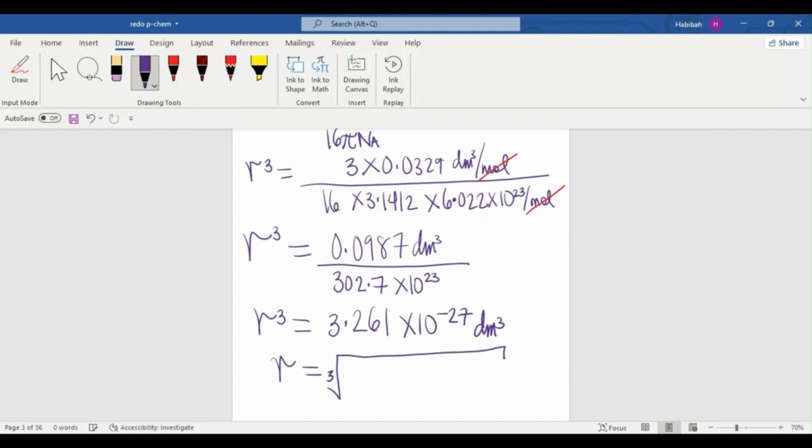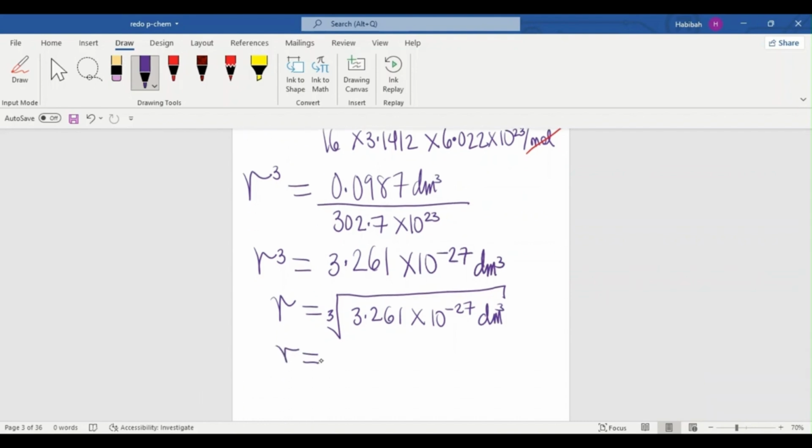When you take the cube root of that, you have r equal to 1.48292 times 10 to the power of negative 9. When you take the cube root of decimeter cube, you end up with decimeter. So this is the answer to this question, honestly.